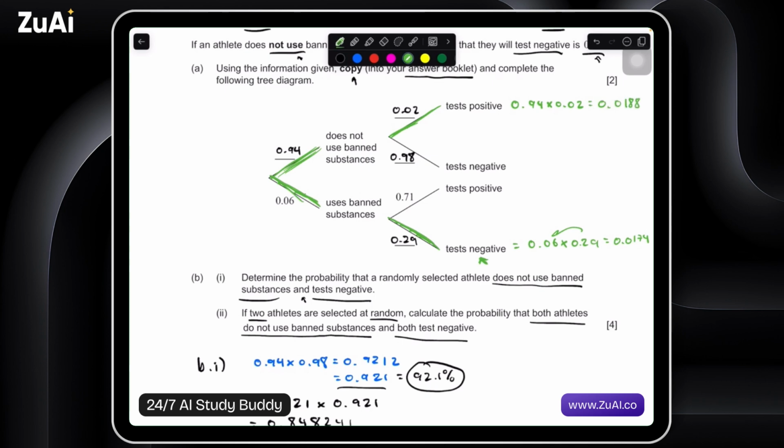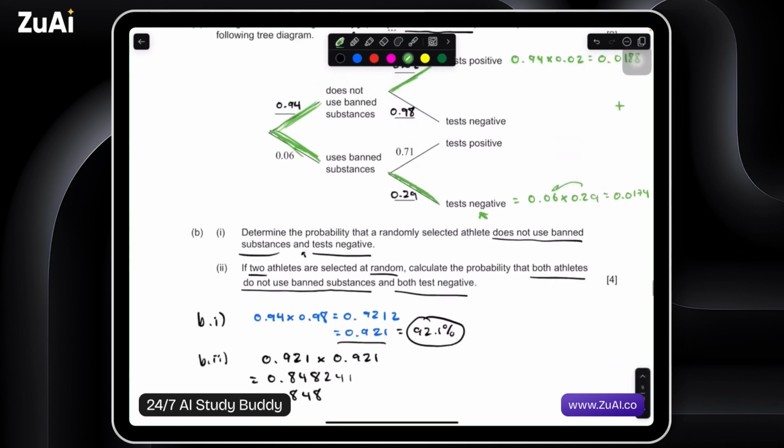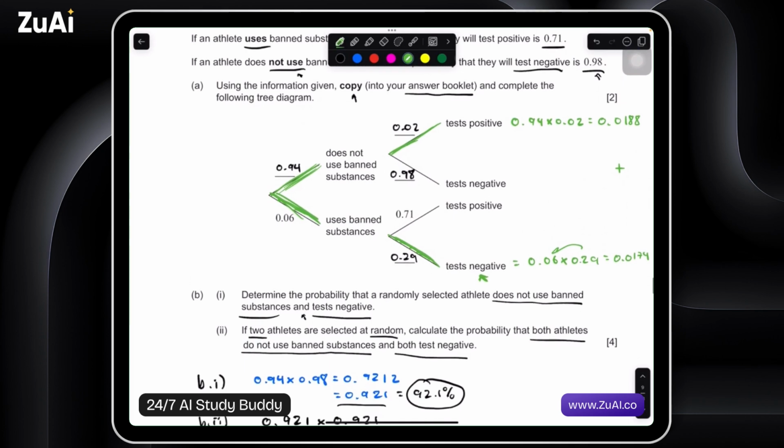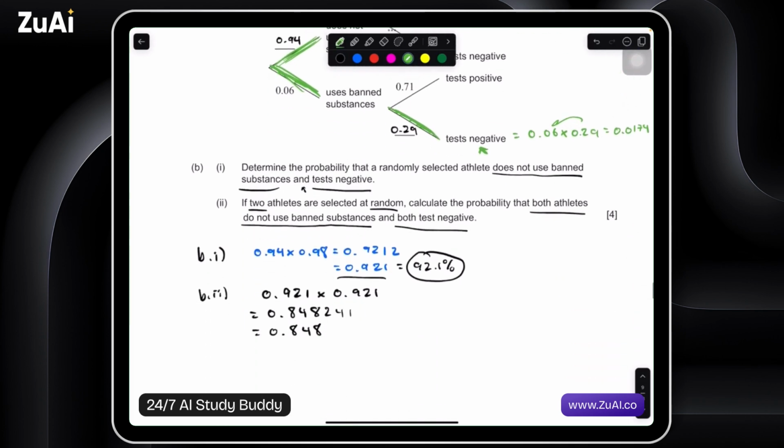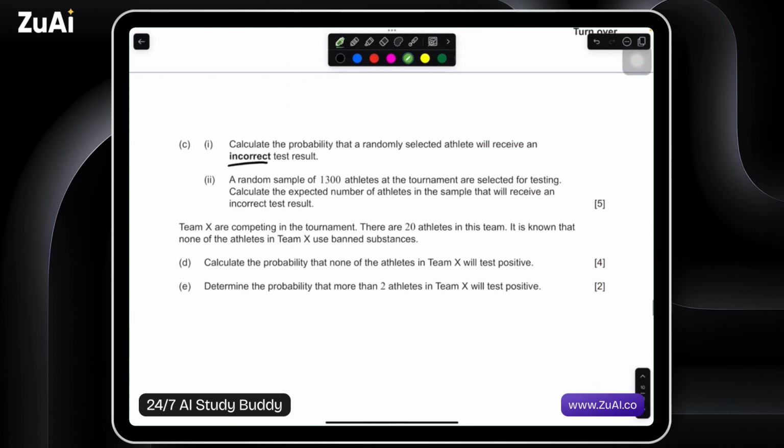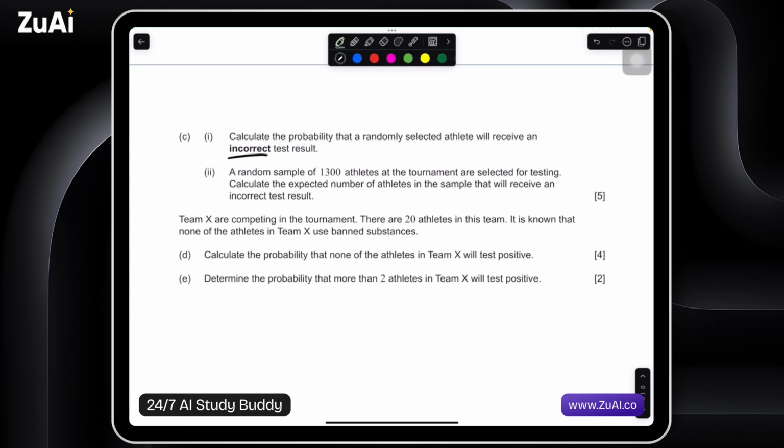So these people do not use, but they test positive, and these people use and they test negative. And these are the ways that we can get an incorrect result. So 0.0188 plus 0.0174. So I'll work it out here, I suppose.